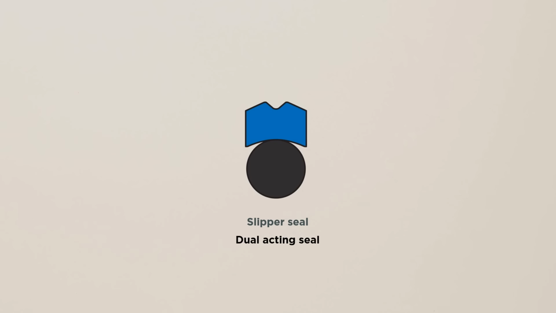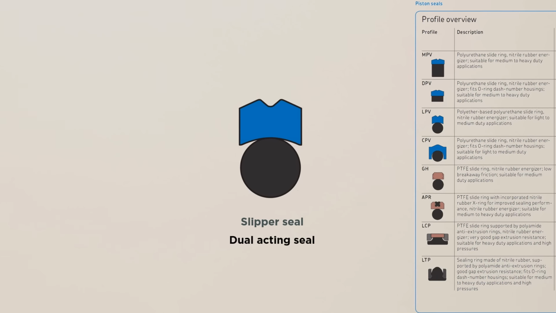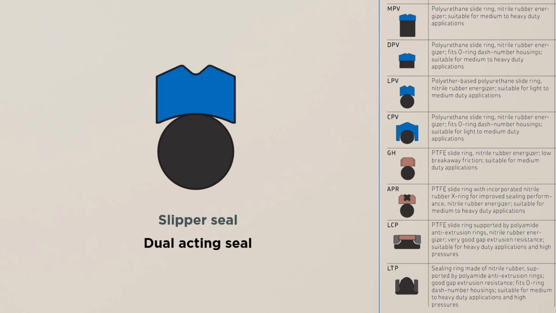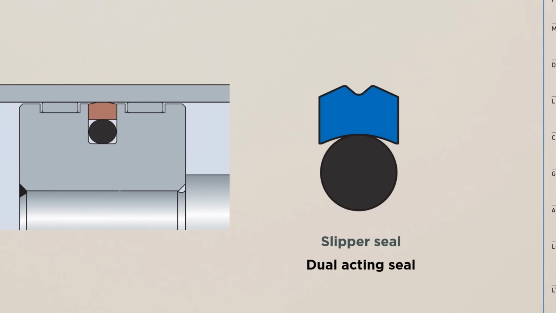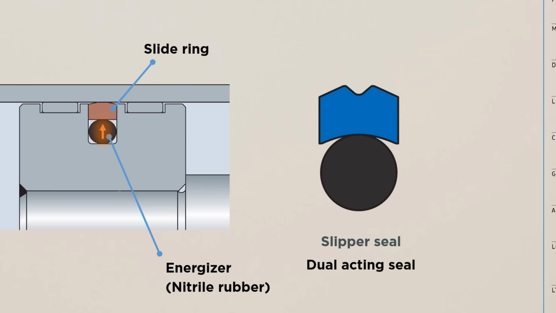Now, there are various seal profiles in this category, depending on pressure handling capacity, speed, and lifespan. The core design principle of these seals involves two main elements: a base ring or energizer, typically made of nitrile rubber, which keeps pressing the outer ring radially, and the outer ring, called the slide ring, which runs in the hydraulic cylinder bore and provides sealing. These slide rings are generally made of polyurethane or PTFE.